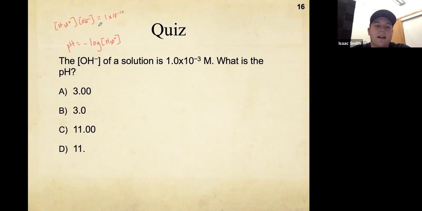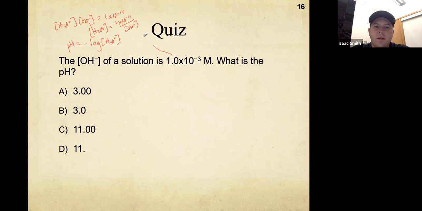So that tells us that, like we did in the last lecture, using OH, we can solve for the hydronium concentration, 1 times 10 to the negative 14 divided by OH minus.